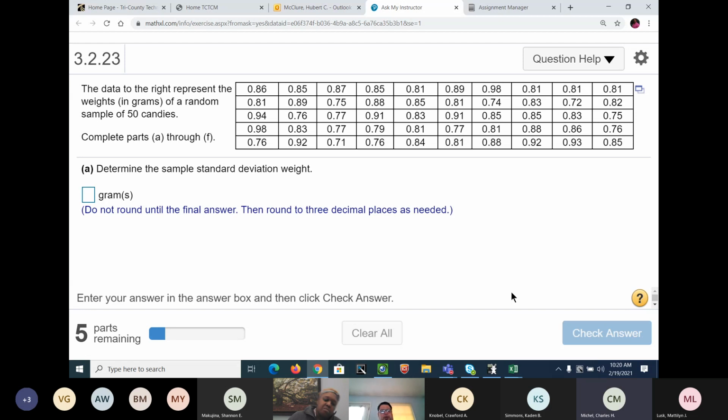Okay, but in this one, since it asks for the standard deviation and the mean, it doesn't matter. I always just tell students to make sure you put them in order. And on the calculator, it's only a couple of buttons, so it's really not a big deal.